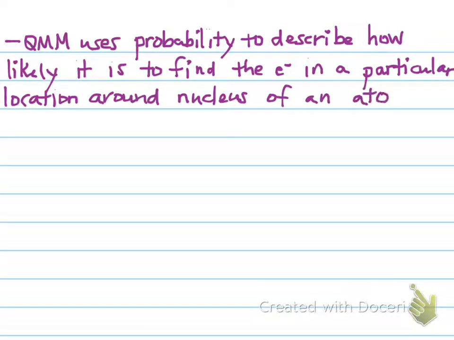So we're looking at probability, which is why we involve calculus to solve this, okay? So we're looking at how likely is it? What's the probability I'm going to find an electron somewhere in this three-dimensional space around the nucleus of an atom?